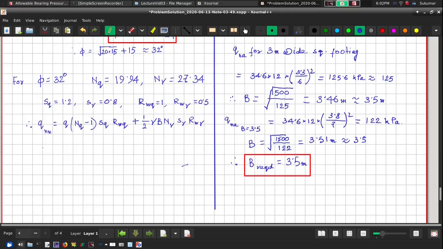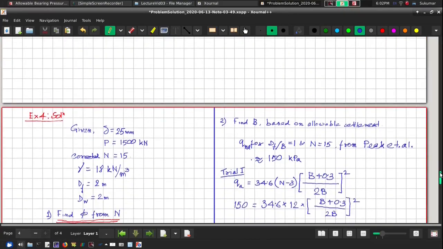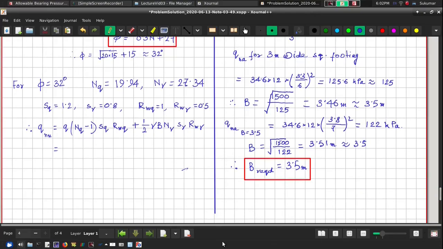Okay, and so using the given values, let us find out this value. So it is, gamma was how much? Gamma was, I think, 18. Gamma is 18, yes.